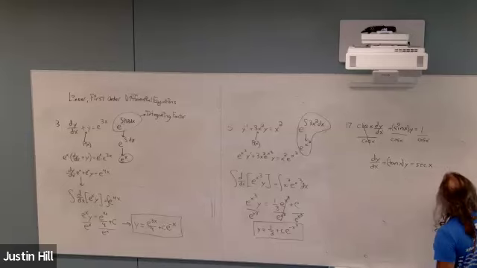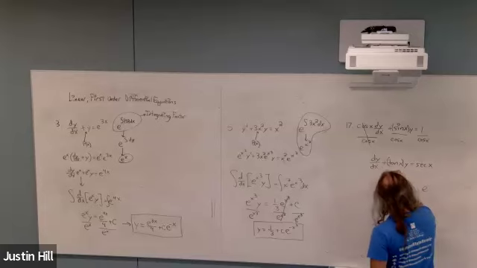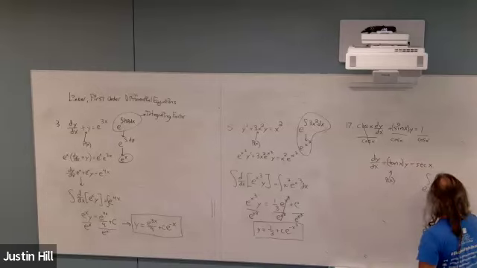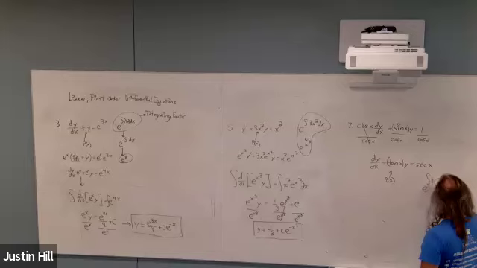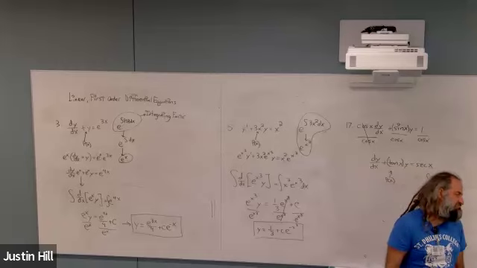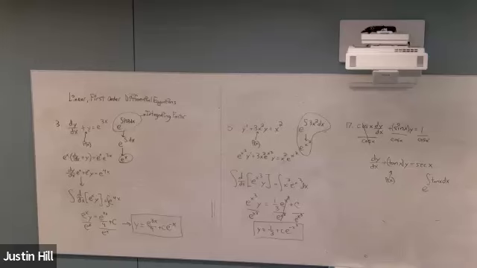Let's play that out. So my integrating factor, this is now my phi of x, is going to be e to the integral of tan x dx.